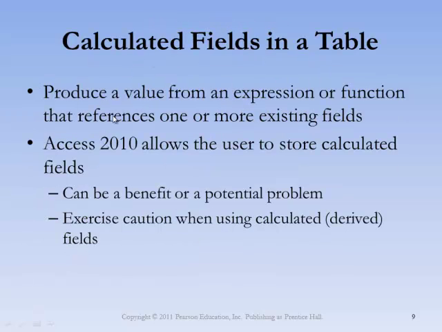Calculated fields. It says Access allows you to store calculated fields. We're not going to do that. At the table level, we're not going to do calculated fields. As you can see here, it does say there's a little bit of a benefit, but there's also potential problems. We're going to be using calculated fields when we get into queries, so you can ignore the calculated fields in a table for this class.